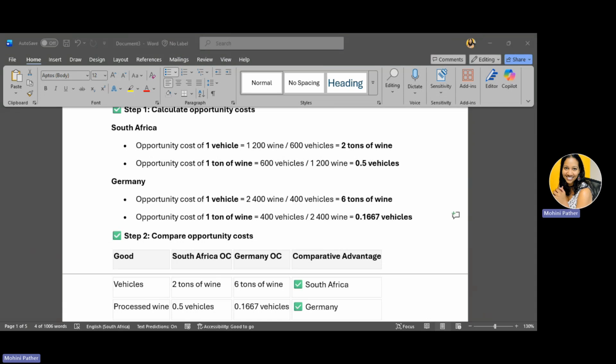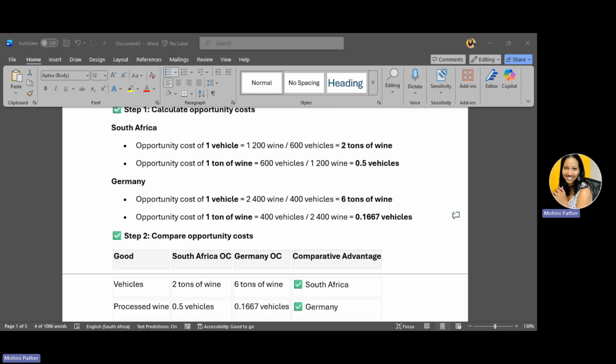So if we're jumping back to this example, you'll see here that it was quite clear that for Germany, it costs them 4 barrels of wine to produce one car. In South Africa, it costs us 6 barrels of wine. So our opportunity cost is much lower for each car because we are obviously more productive in producing wine.